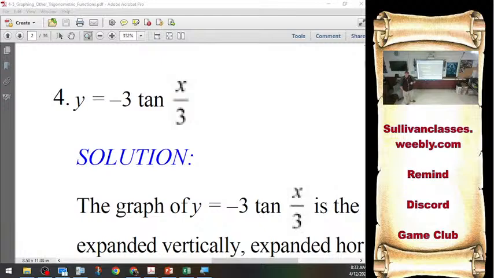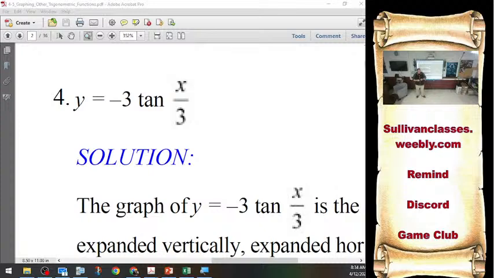0. Undefined could be seen as number over 0. Any number. If I flop that, I now have 0 over any number, which is 0. That idea that a reciprocal can take a 0 and turn it into an undefined, and an undefined and turn it into 0, is how I get all those bottom functions, cosecant, secant, and cotangent.